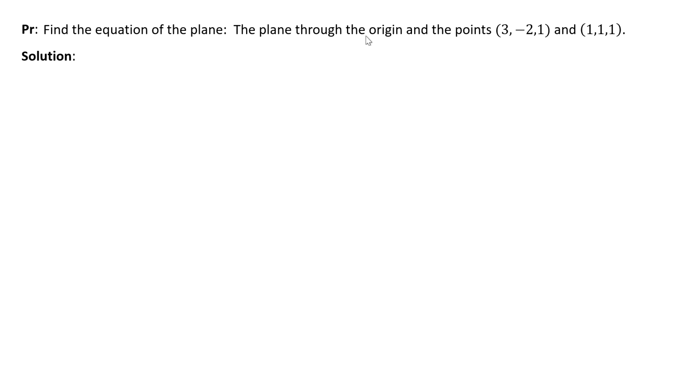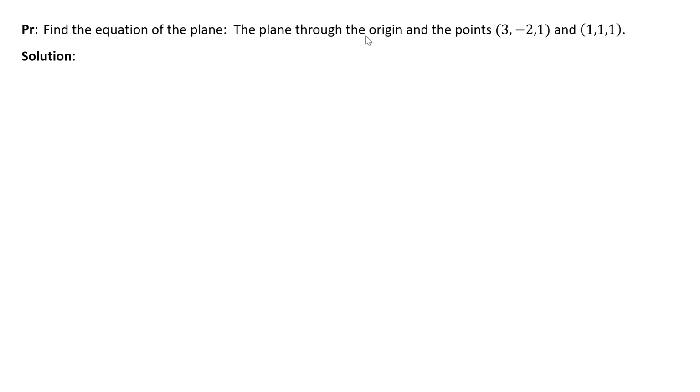Because if the two vectors are lying on the plane, the cross product is guaranteed to be perpendicular to both those vectors, right? That's the property of a normal vector. Oh, sorry about that. The property of a cross product is that the cross product of two vectors A and B is always orthogonal to both A and B.